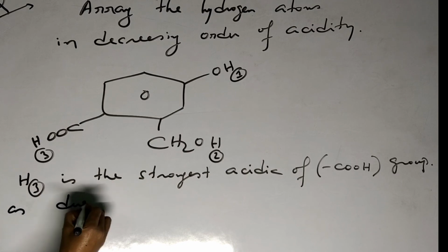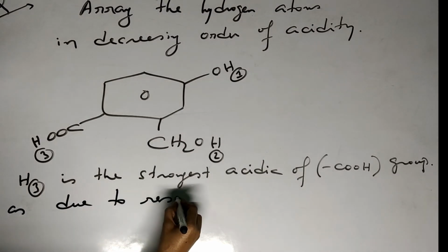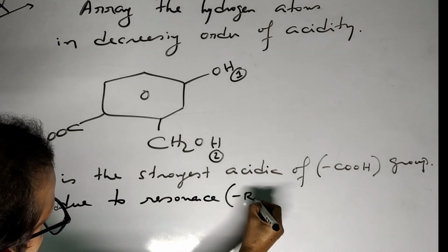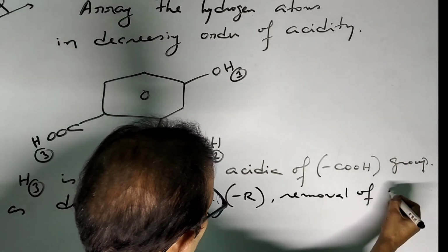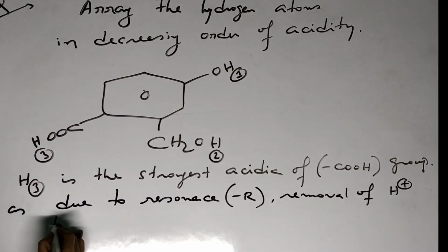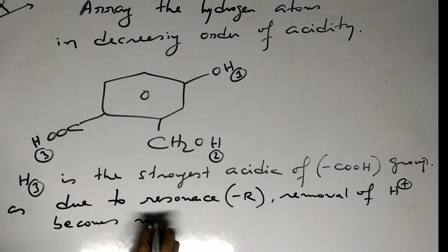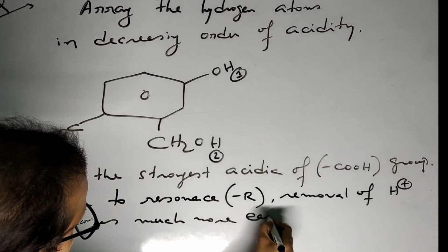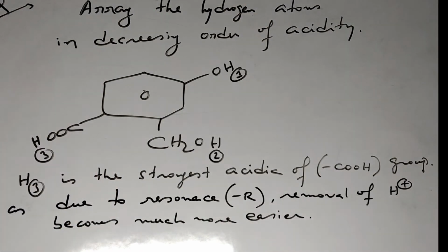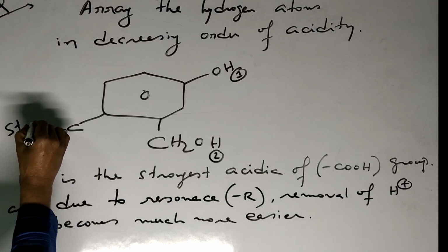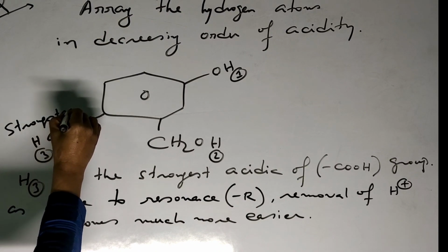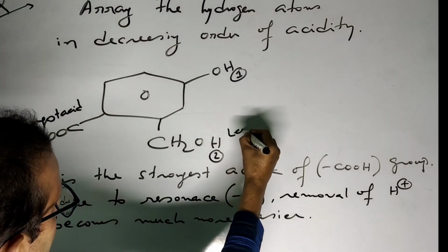As due to resonance, that is minus I, removal, write it, okay, removal of H positive becomes much more easier. Write it. Last, okay. I think you have written it. So it is the strongest acidic, and this has the least acidic.